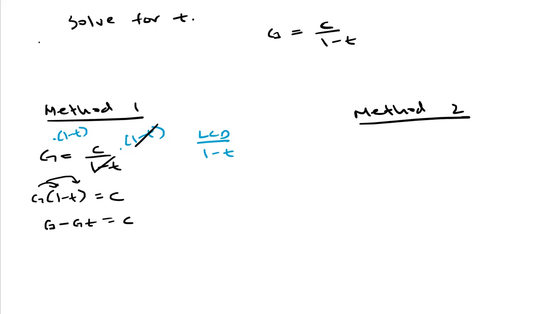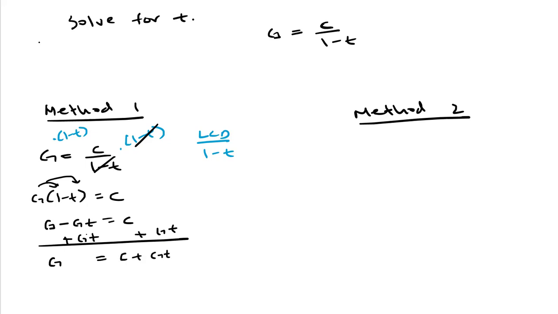I want to do the least work or least steps. So I'm actually going to swing the minus gt to the right and move the c to the left. So again, I'm going to add gt. I'll do step by step. Okay. So that gives us g is equal to c plus gt.